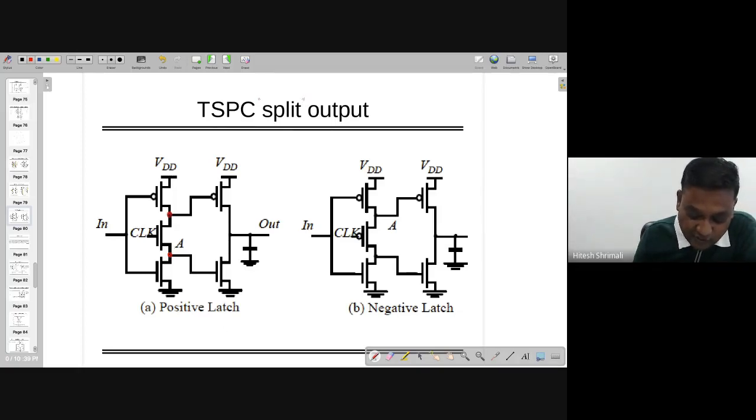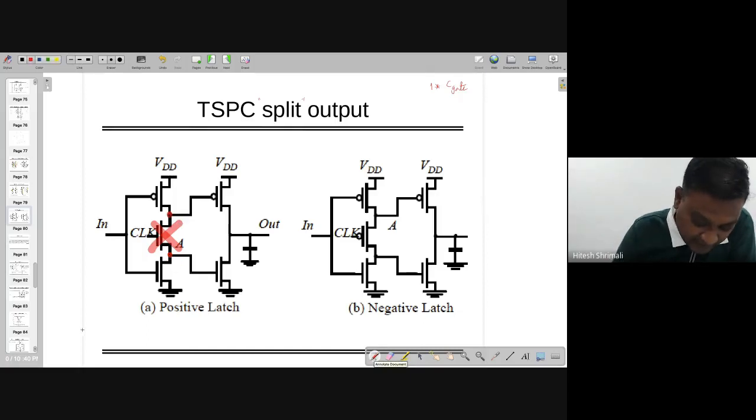So if it is positive latch, you can also note that there is only one true single phase clock, and right now in this structure, only one capacitance of the gate has to be driven by clock, either in positive latch or negative latch. Whereas in the case of previous thing, one transistor was more, right? So what is happening, let's see. If clock equal to 0, let's start with the clock equal to 0. So if clock equal to 0, this is off.